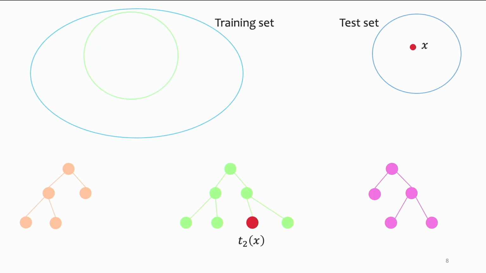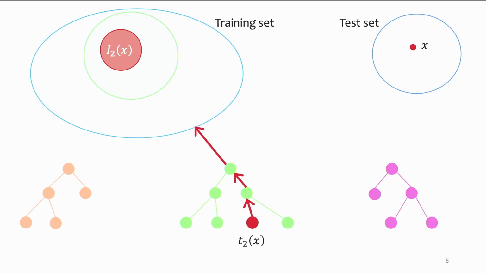Now here's the move. That leaf isn't just a number, it's a neighborhood. The leaf is tree 2's opinion about which training points look like X. Call that set of training points I2, the training points that ended up in tree 2's leaf for X.